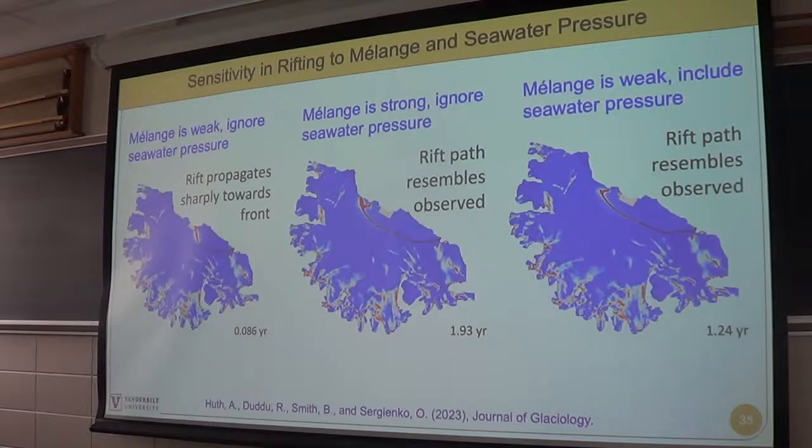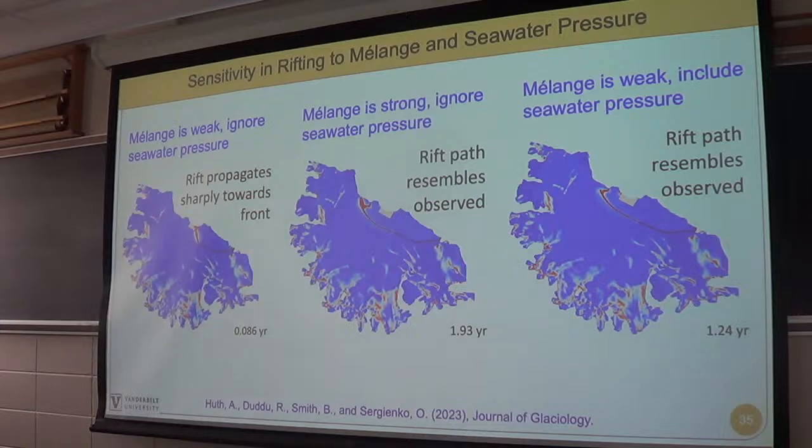And so if I assume that melange is weak and ignore seawater pressure, which is the wrong way to set it up, I would get only an iceberg which looks like that, not reality. Whereas if I include melange or include the seawater pressure, then I get, in fact, the right kind of icebergs that were observed in reality, and then we can also tune these with some kind of damage parameterization, right?